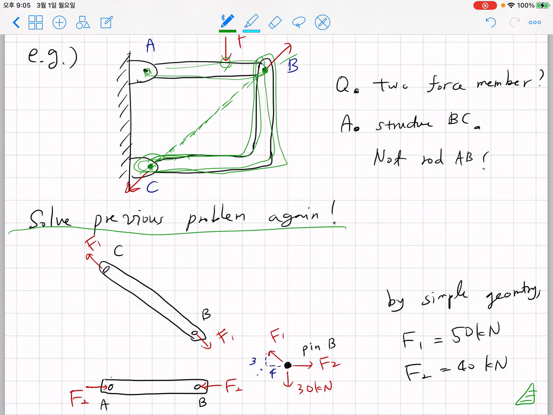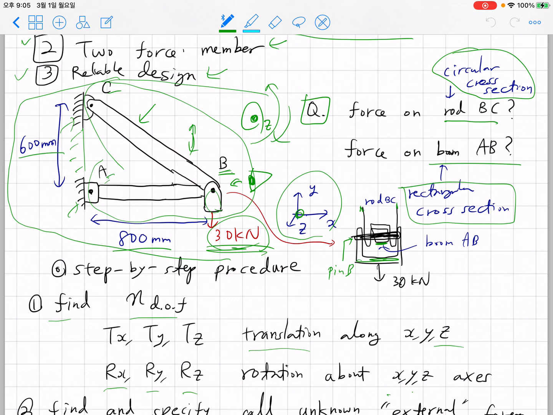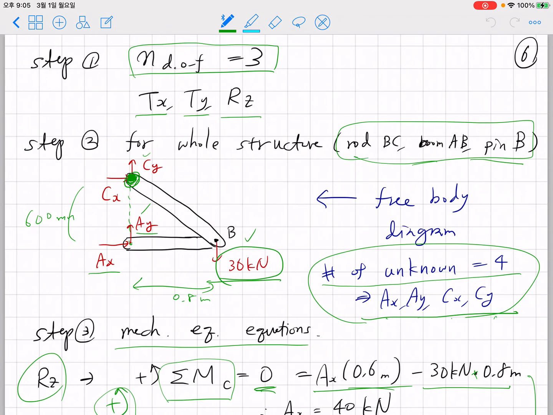If you solve the previous problem, you can see that rod BC and rod AB, both of them are two-force members. Okay, so in the previous problem we defined CX, CY in this direction, AX and AY in this direction, so that we had 4 unknowns.